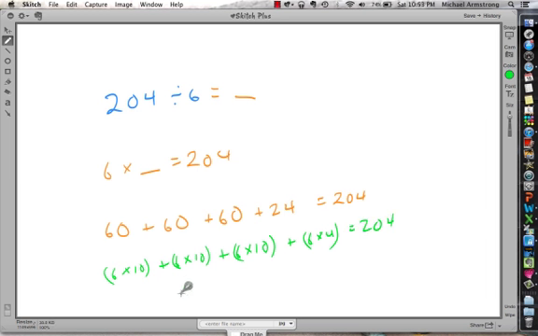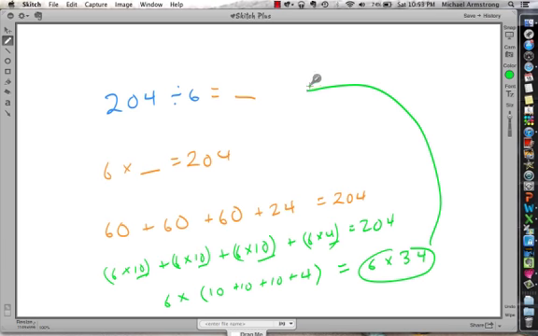Now, if I break it all out, it's 6 times 10 plus 10 plus 10 plus 4. And 10 plus 10 plus 10 is 30 plus 4 is equal to 6 times 34, which means if 6 times 34 is equal to 204, then 204 divided by 6 is 34.